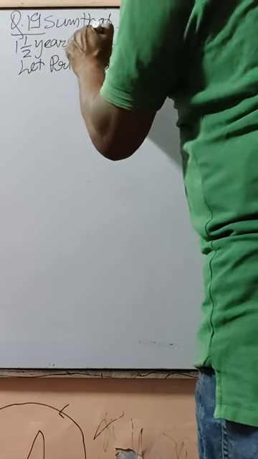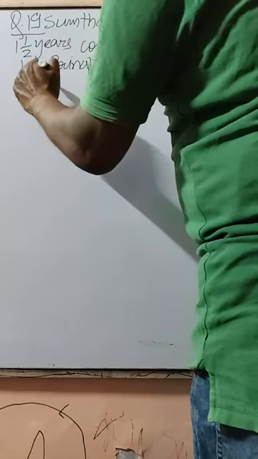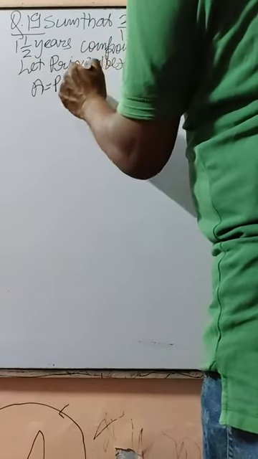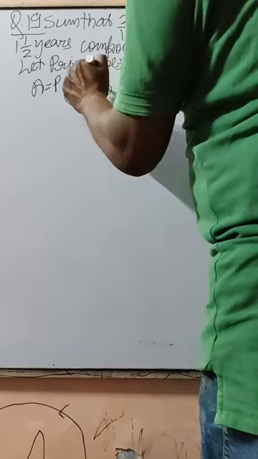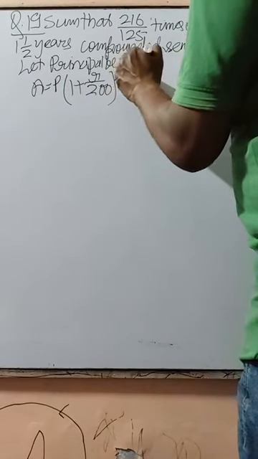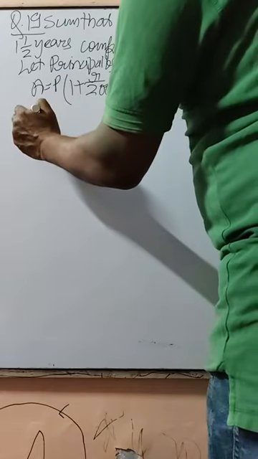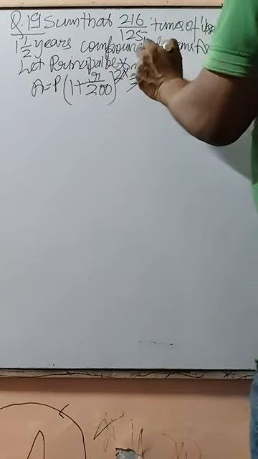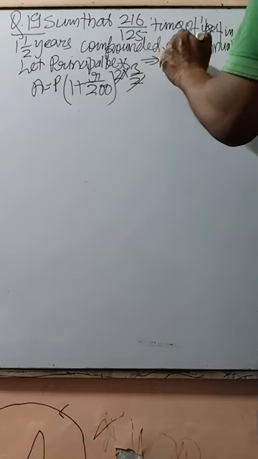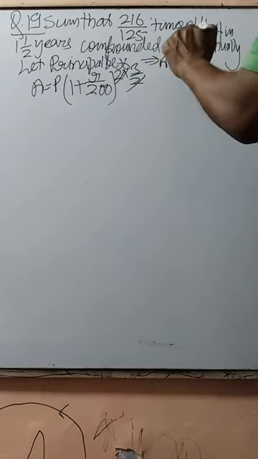Now let principal be x. So amount is equal to principal bracket 1 plus r upon 200 raised to the power 2 into 3 by 2. 2 cancel. So amount becomes 216 upon 125 times of x.